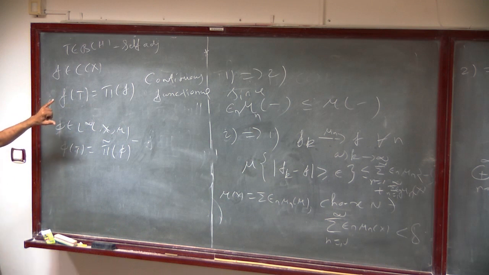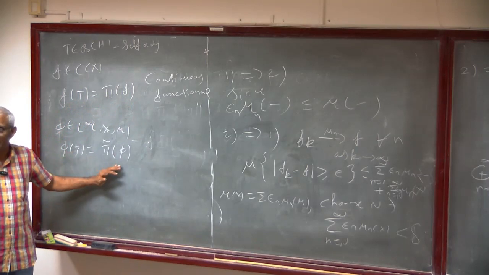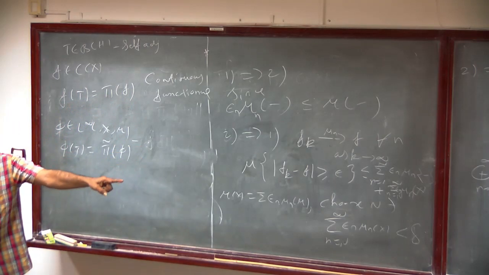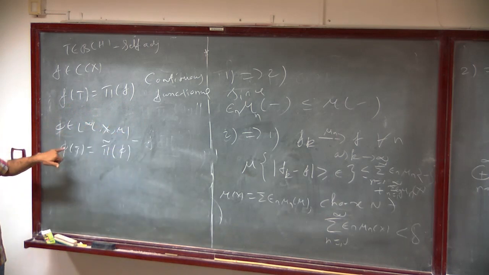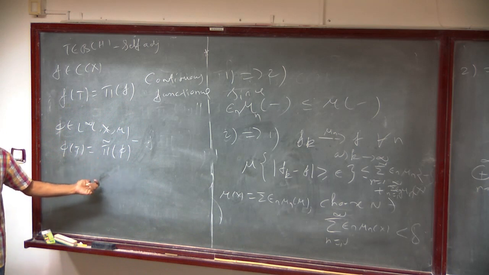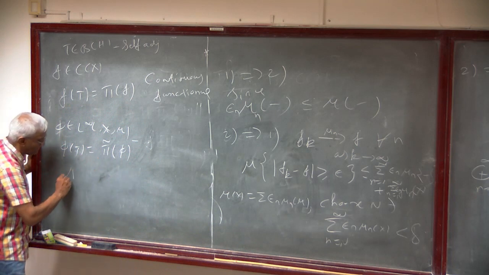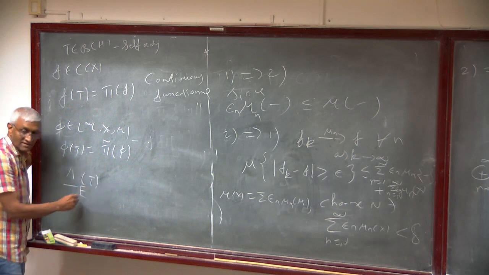So here, if you have just a continuous function, you can define it. If you have a measurable function, you can define it. The continuous functional calculus directly comes from that. But using this measurable representation theory, we get the measurable functional calculus also. Why do we want the measurable functional calculus? We take the characteristic function, the indicator function, and then define this.